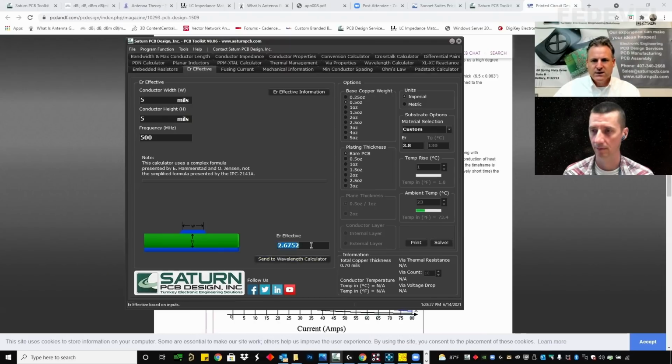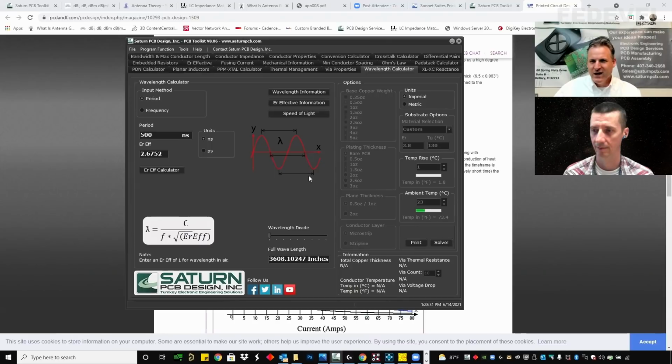And I send it to the wavelength calculator, because wavelength in the board, in the material, isn't the same as wavelength in air. In air, your ER effective value is basically 1, where in your board material it might be something completely different.